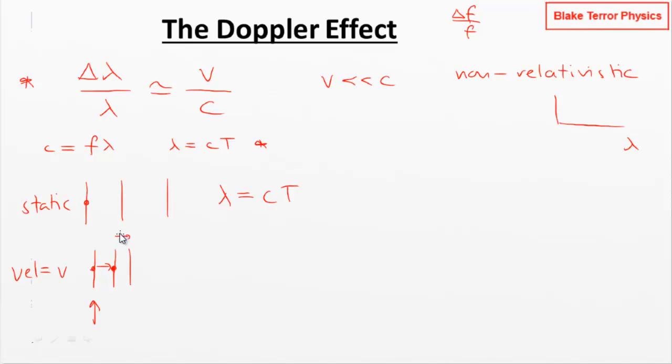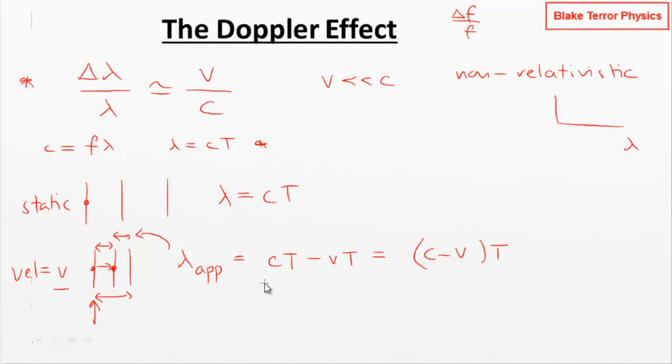So what we end up seeing for this apparent wavelength is going to be equal to c times t. So that's the full wavelength as we had for the static source, minus this bit, v times t, because in time t, the source has moved v times t. That's just our velocity times time gives us a distance. So that gives us our apparent wavelength, c minus v multiplied by t.